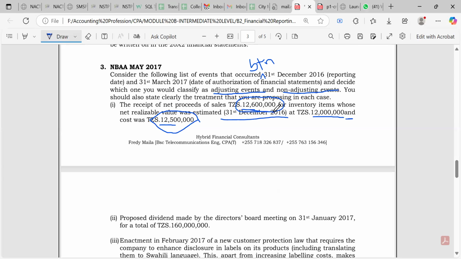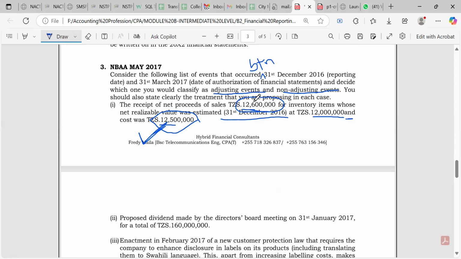So you ask yourself, what is this now? In the books, I have recorded my assets at 12.5, but now I can sell at 12.6. Inventory is usually measured at the lower of cost and net realizable value, but you can see 12.6 is very high.